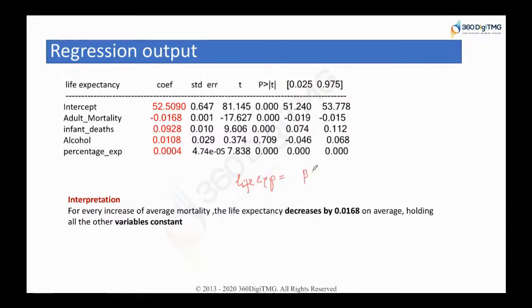So you get beta naught plus beta 1 into mortality rate, right, plus beta 2 into infant deaths plus beta 3 into alcohol plus beta 4 into percentage expenditure and like that, beta 5 into all the values.